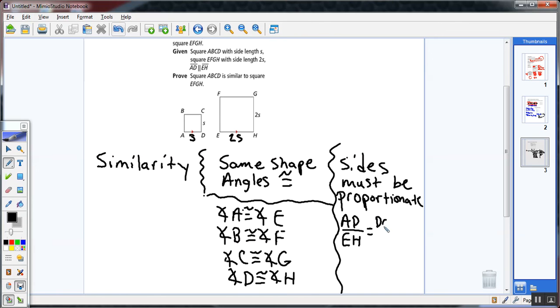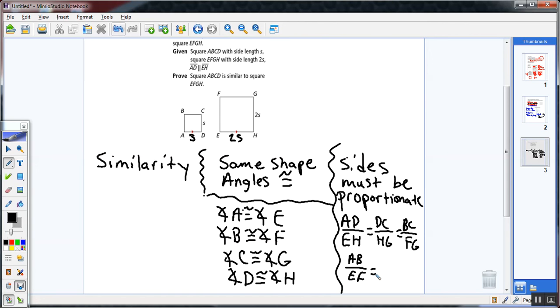So DC to HG. How many sides do I have to put here? What's BC going to match? And then one last one, AB to what? And these all equal, okay, what are the side lengths of all of these sides on the little square?